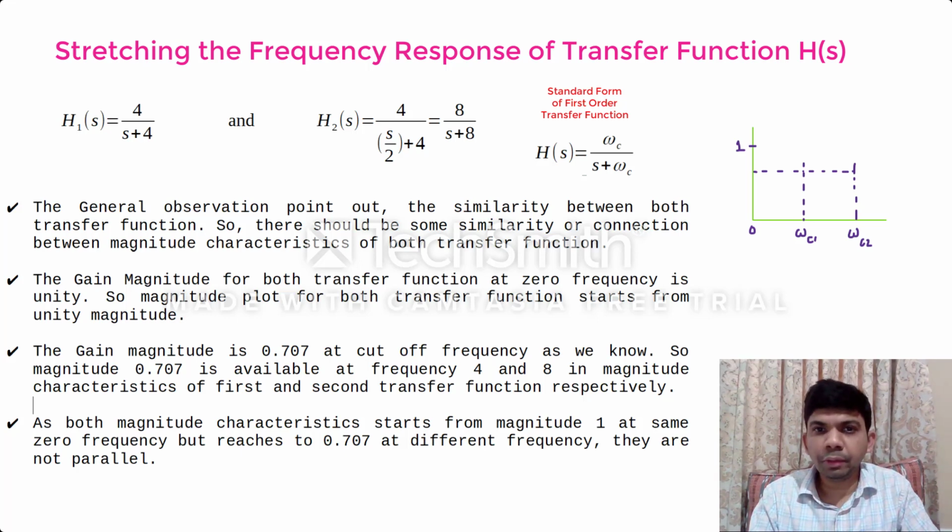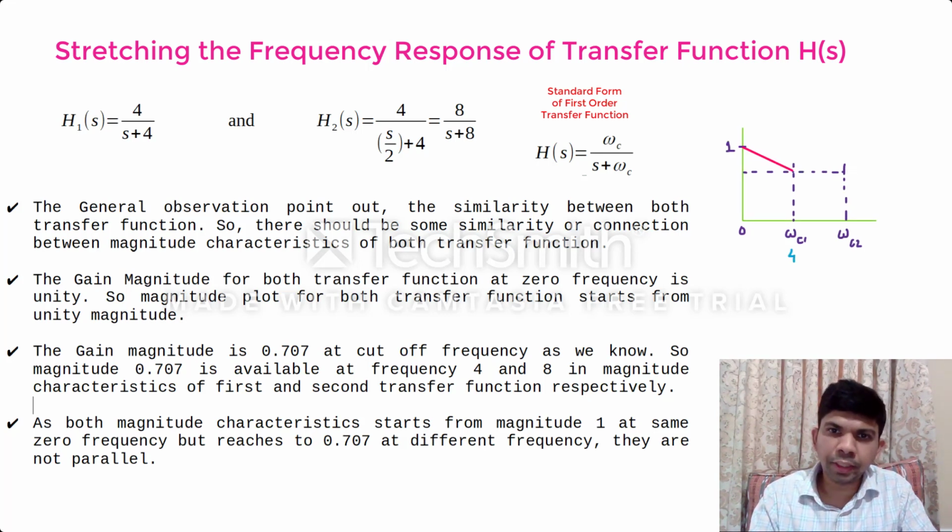So it means magnitude 0.707 is achieved at frequency 4 for the first transfer function, and it is achieved at frequency 8 for the second transfer function.